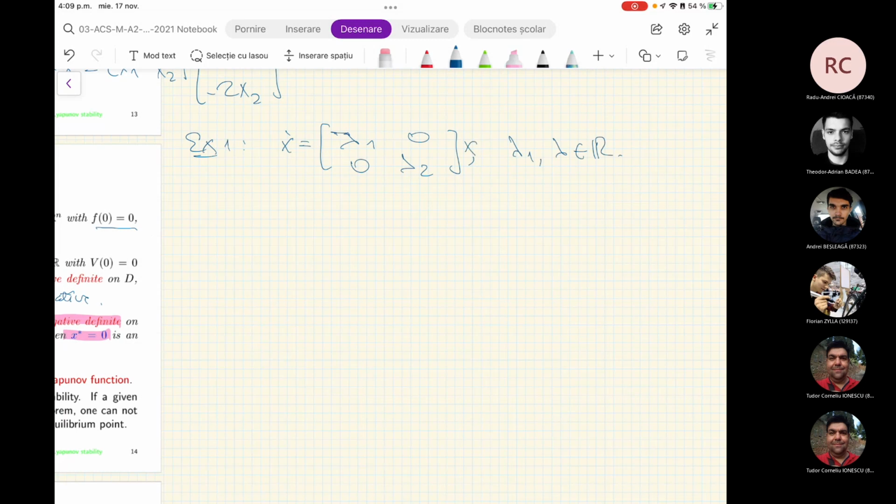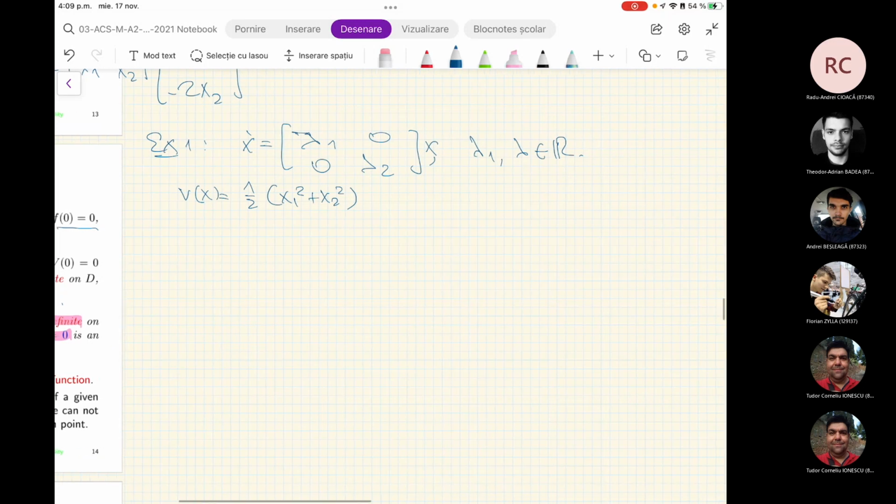And like I said, you build the Lyapunov function V(x) is half of x1 squared plus x2 squared. This looks like physical energy anyway, kinetic and potential energy, of course using quotes. This is not for real. f(x) is lambda 1 x1, lambda 2 x2.